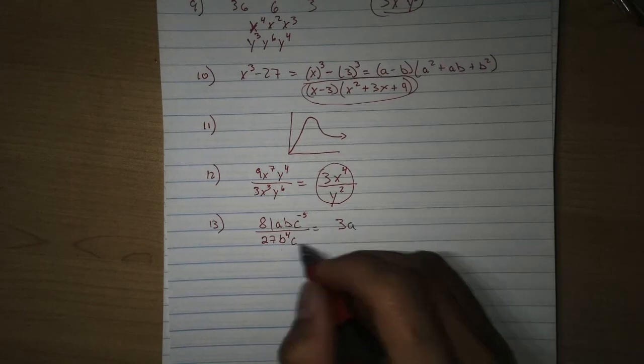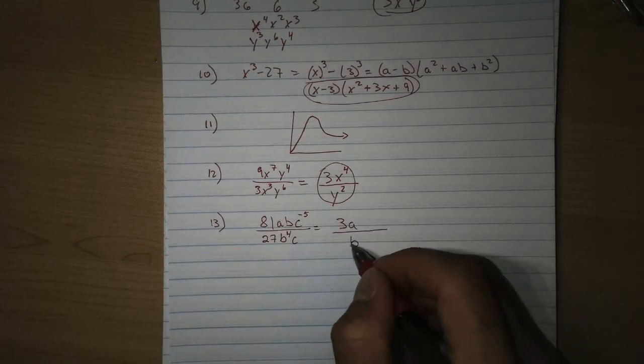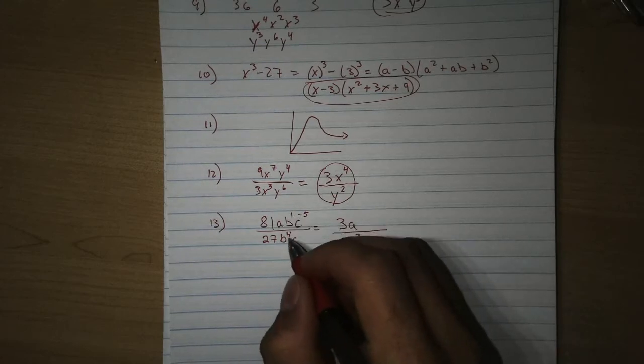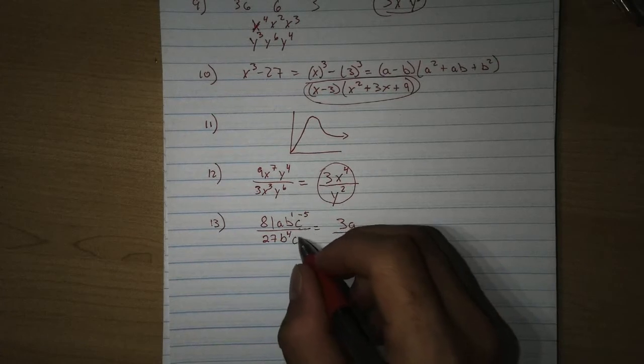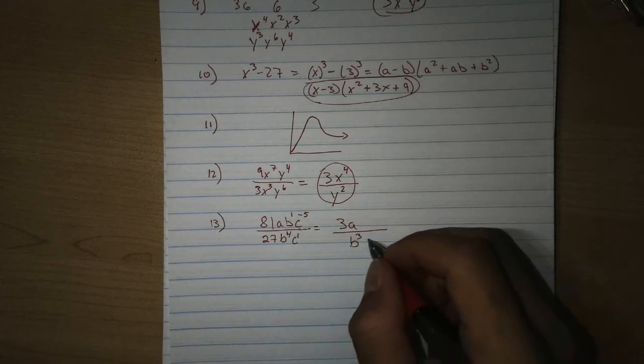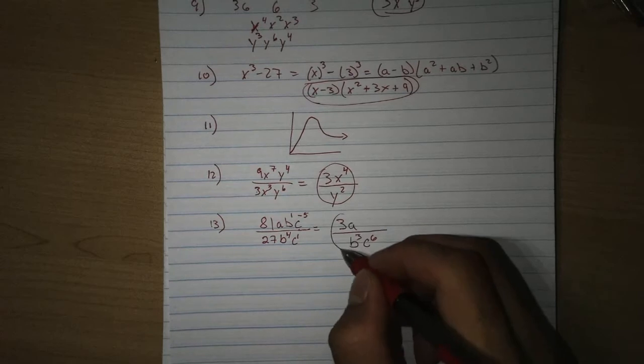There are more b's on the bottom, so we'll have b to the third down here. There's a 1 minus 4, which is negative 3. And here we have negative 5 minus 1, which is negative 6. So c to the 6 will stay down there.